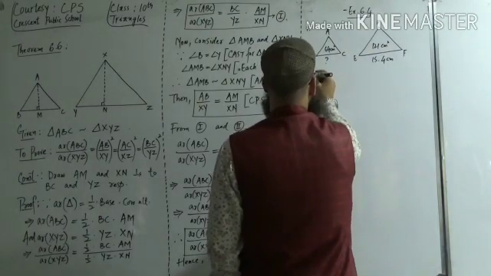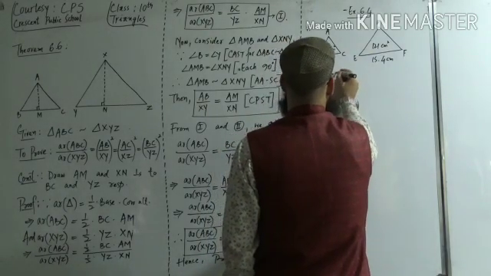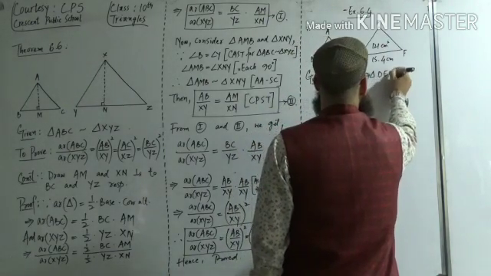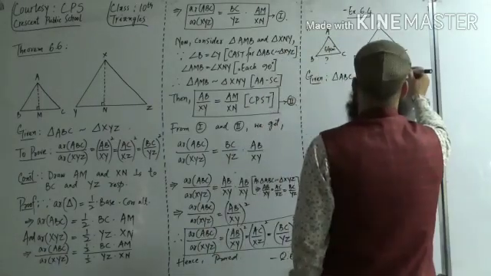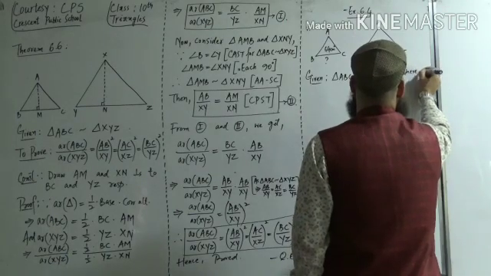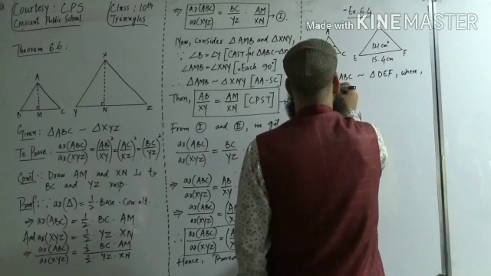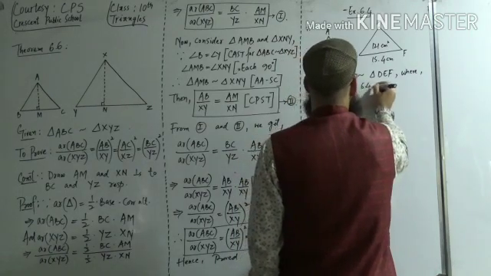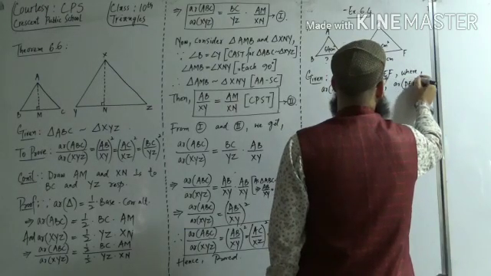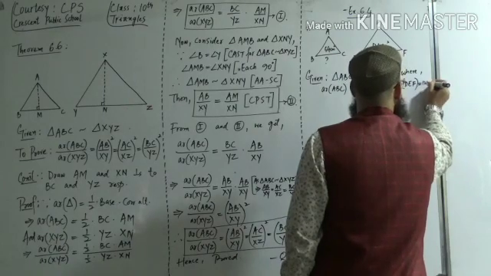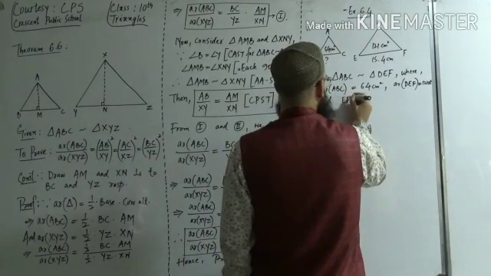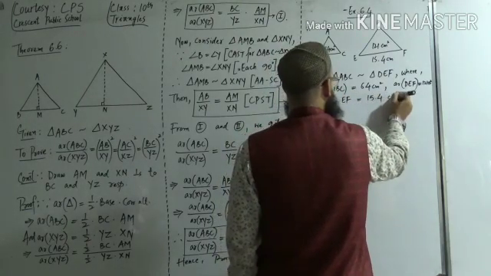So write down given: triangle ABC is similar to triangle DEF, where area of ABC is equal to 64 square centimeter, area of DEF is equal to 121 square centimeter, and EF is equal to 15.4 centimeter.